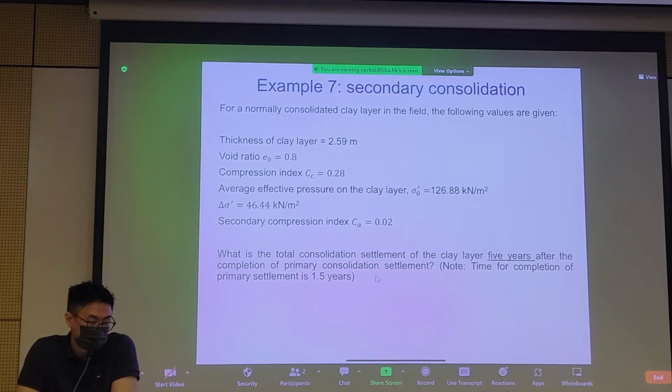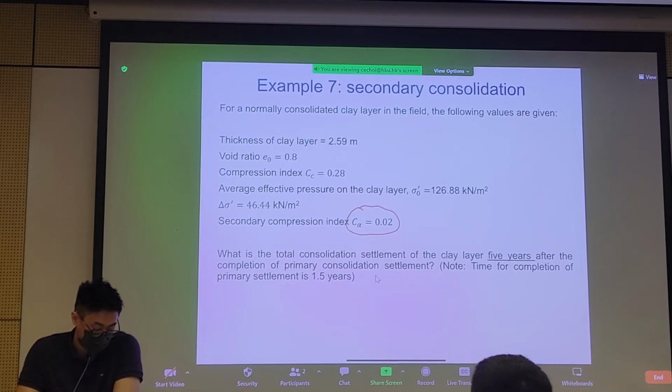We're given thickness of the clay layer is about 2.6 meters. Your initial void ratio is 0.8. You're given the compression index of 0.28. You don't have to calculate your average effective stress this time. It's given to you as 127. You're applying a surcharge of about 46 kPa. You're given your secondary compression index here as 0.02.